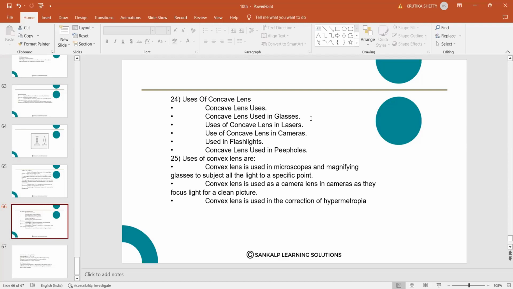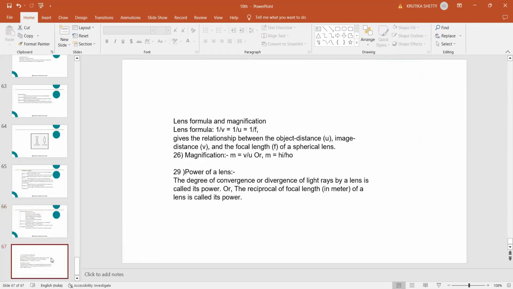So both convex and concave lenses are used in cameras based on what you require. Next, it is used in the telescope also. Then the convex lens is used in the correction of hypermetropia. What hypermetropia is, we can study in the next lesson. So just remember the uses of both the concave lens and the convex lens.